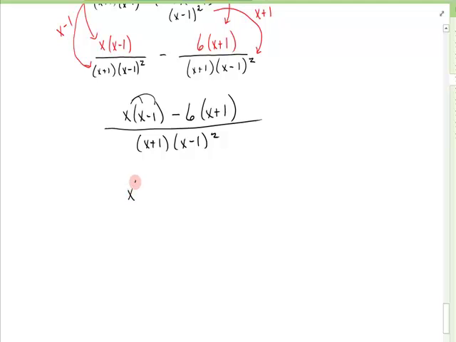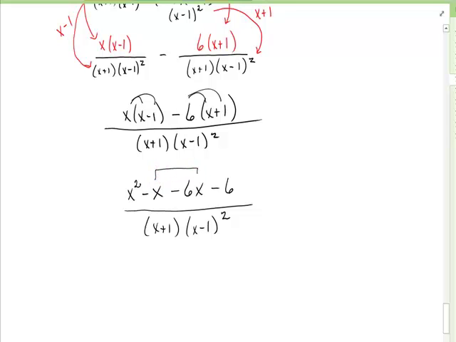X times x is x squared. X times negative 1 is negative x. Be super careful here. You're distributing a negative 6. Negative 6 times x is negative 6x. Negative 6 times 1 is negative 6. And it's still over x plus 1 times x minus 1 squared.